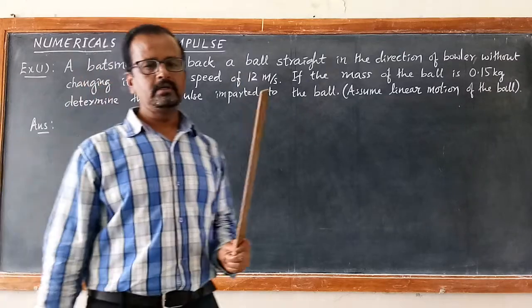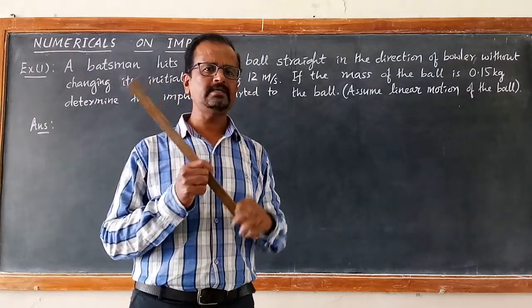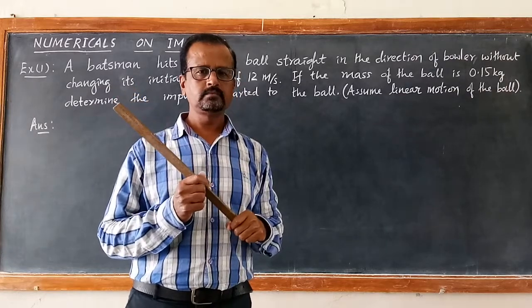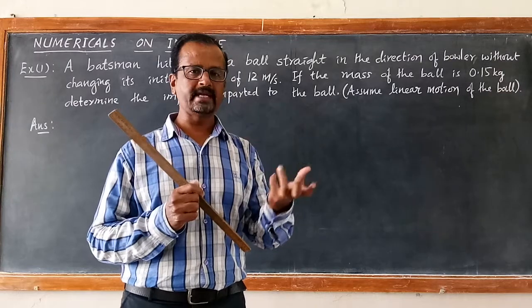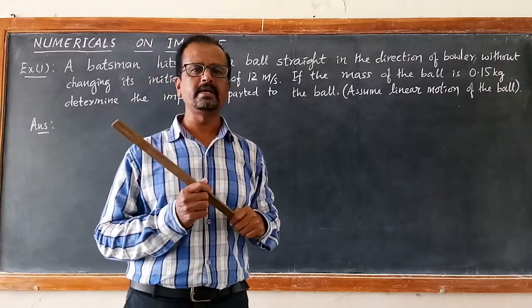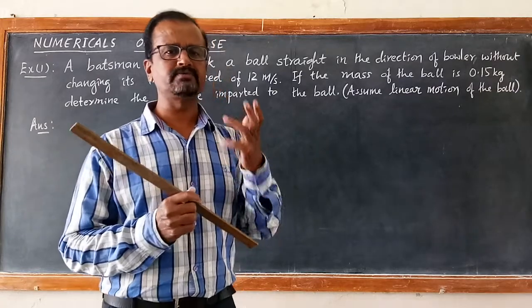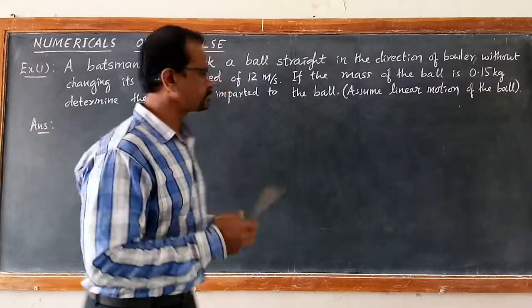In this problem, force and time duration of contact with the bat are not given. So we can calculate momentum. Final momentum minus initial momentum gives us change in momentum. So change in momentum itself gives us the impulse imparted on the ball.